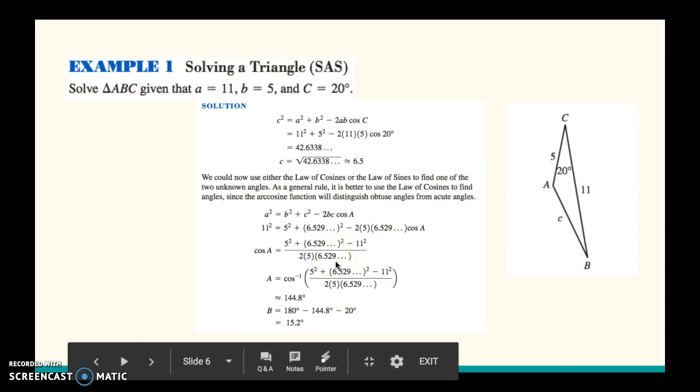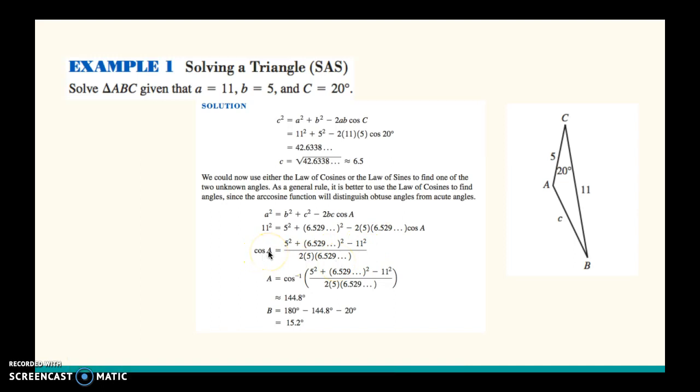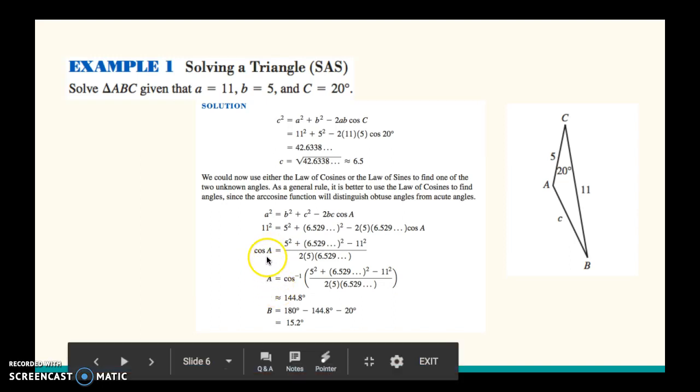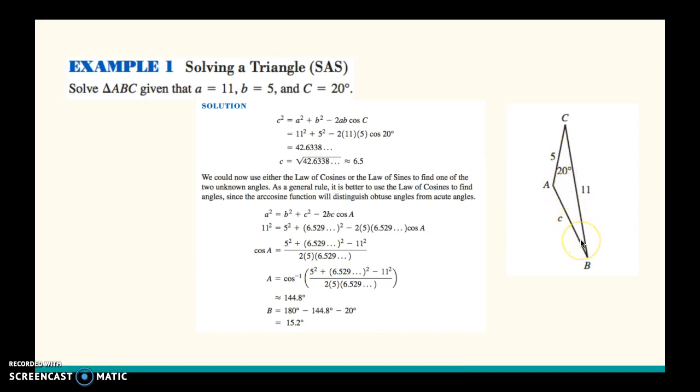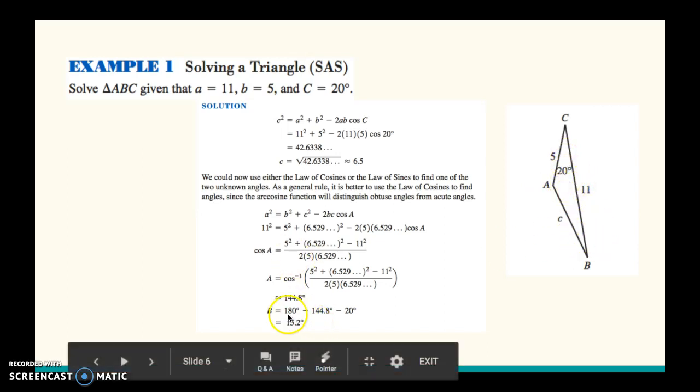At this point, I see that I have cosine A, but I'm not interested in cosine A. I'm interested in the value of A itself. The only way to undo that is to take the inverse, and we get that angle A is approximately 148 degrees. At this point, I have two angles: angle A and angle C. I need angle B. I can use the triangle sum theorem, subtracting the known angles from 180 to get the third angle, which is angle B, about 15.2 degrees.